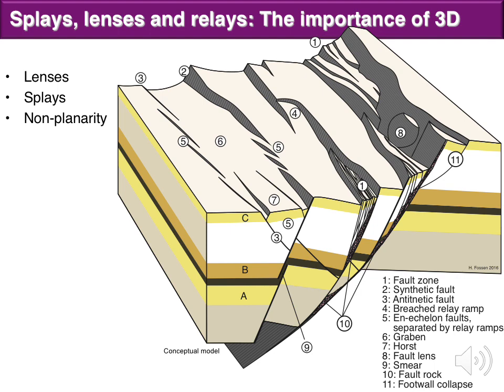We have fault lenses, we have fault smearing of fine-grained layers, and fault rock development, and many other structures. So we need to understand these and be able to predict them to some extent to be able to deal with fluid flow in a reservoir.